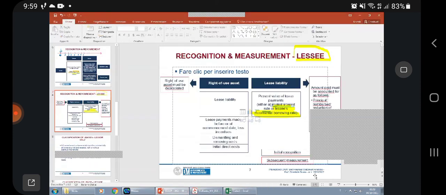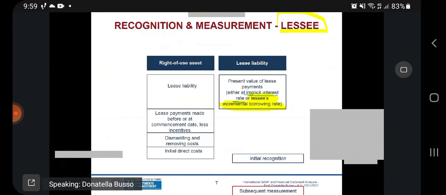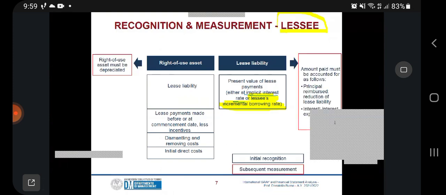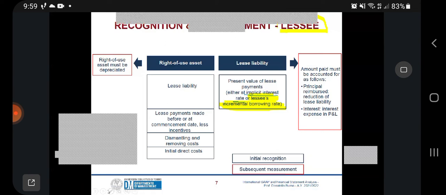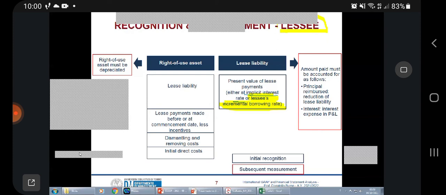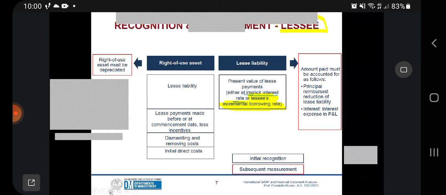Lease liability. The lease liability, at the end, it's a liability, as all the other liabilities, as a mortgage. And so this means that the amount that is paid, in our case, the amount paid is 1,000 at the end of year 1. Okay. The amount paid must be divided into 2 parts.